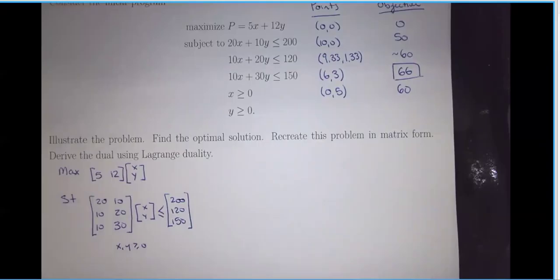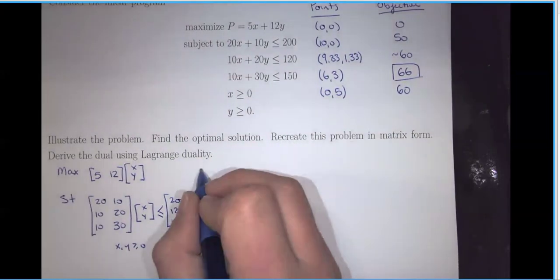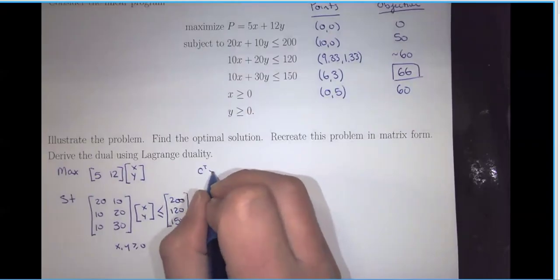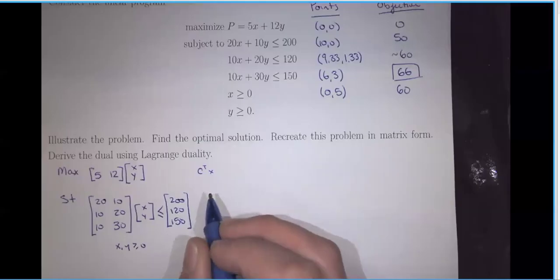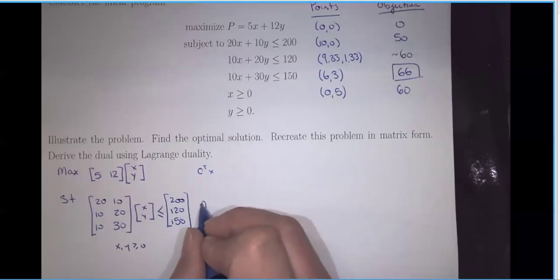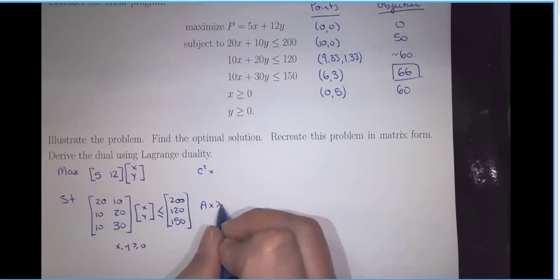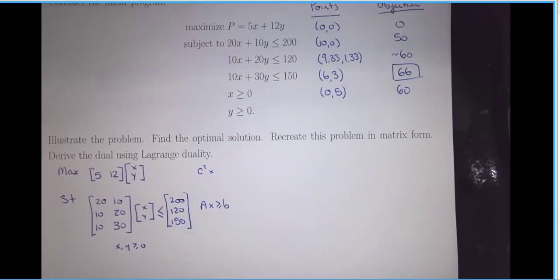Okay, so this problem is of the form, this is our C transpose X, and the second part is our AX greater or equal to B. Now, in this case, it's less than or equal, so we're going to need to flip that. But we'll get to that in a minute.